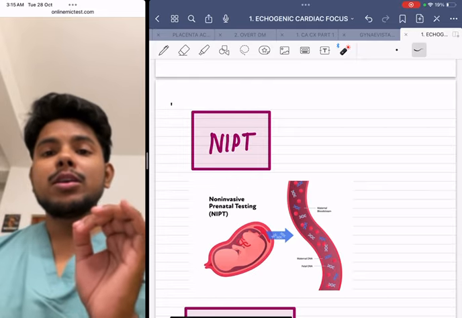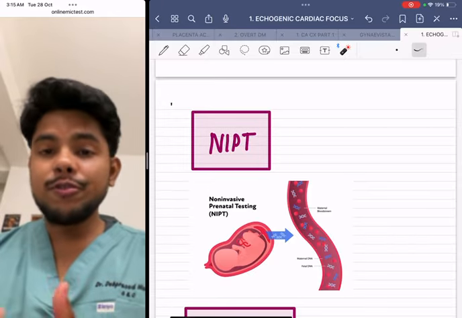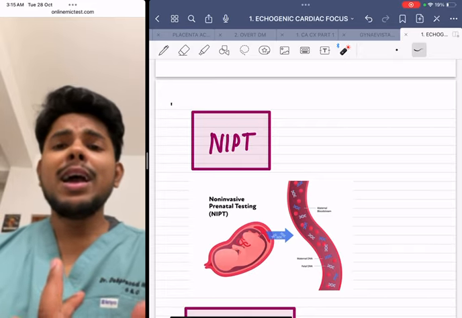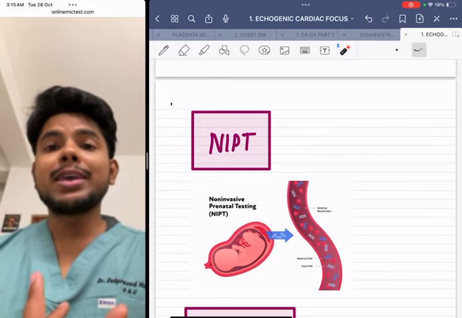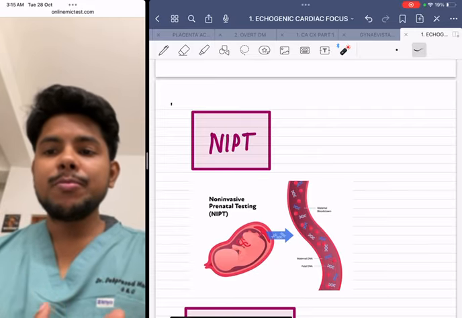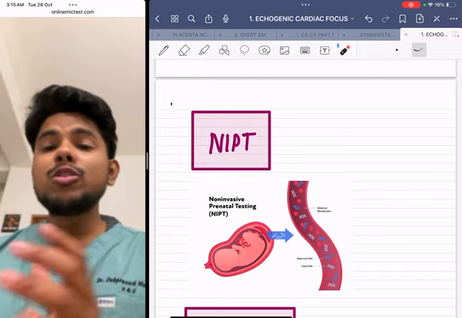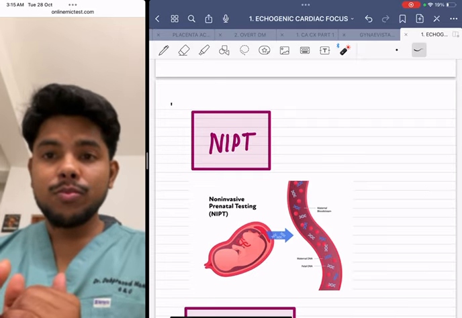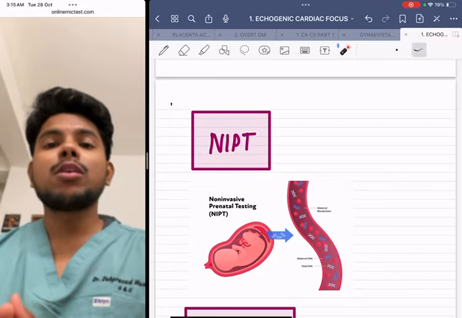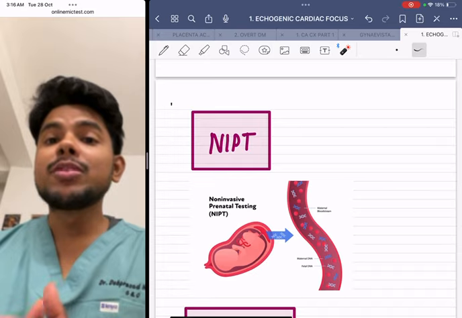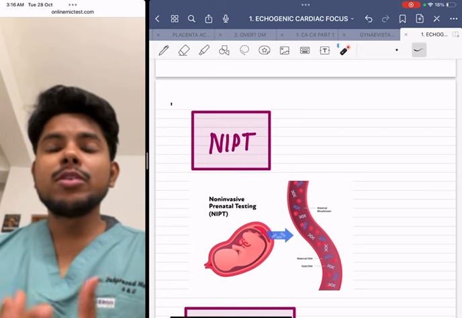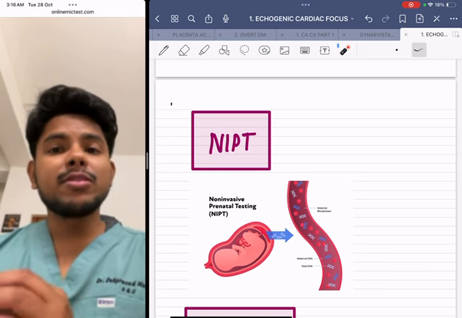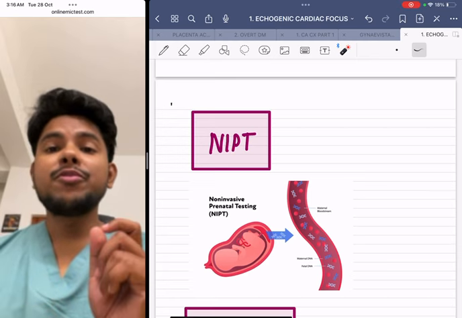And if the test result comes out to be negative, then we don't need to go for amniocentesis followed by karyotyping. If the NIPT report turns out to be negative, then we don't need to go for an invasive test like amniocentesis, because after all, it's an invasive test. NIPT is just a simple blood test, but it's very, very accurate.